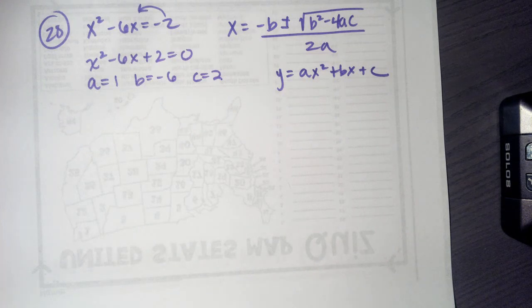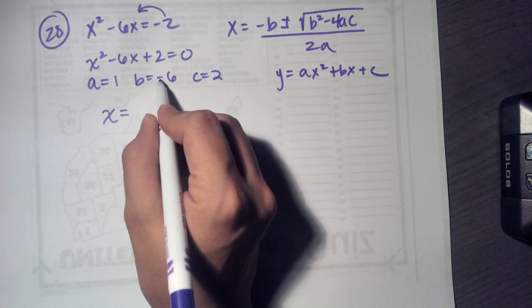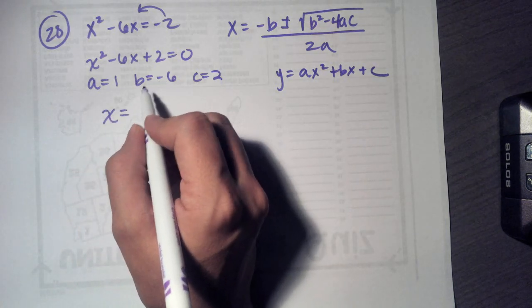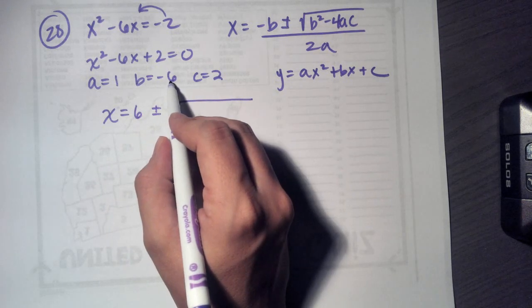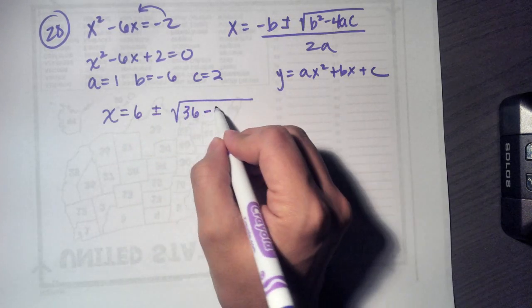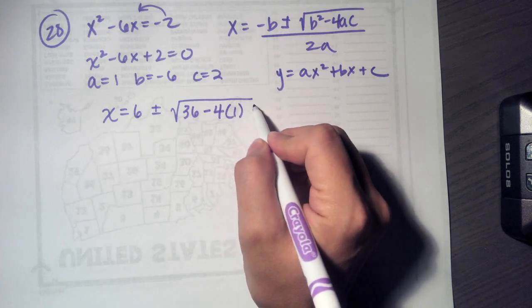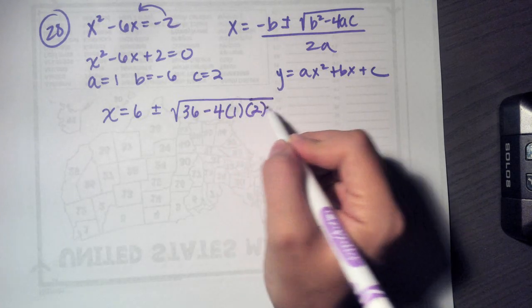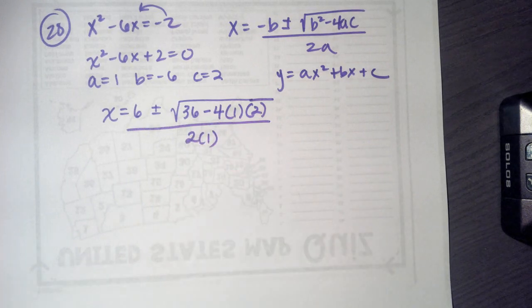So what I'm going to do now is just plug it into my handy dandy formula. X equals negative b, so negative negative 6 is the opposite, would be 6, plus or minus square root, negative 6 squared, that's your b, would be 36, minus 4, your a is 1, and your c is 2, all over 2 times a.